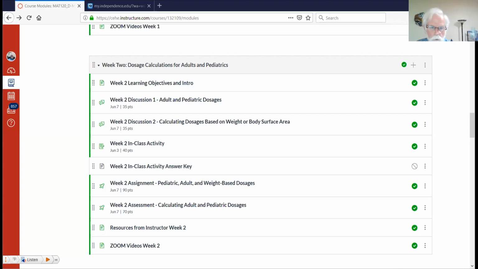I did 15 times 20, which gave me 300 milligrams. And then I took that and did the dose ordered over the dose on hand times 5 milliliters, and ended up with 6 milliliters.